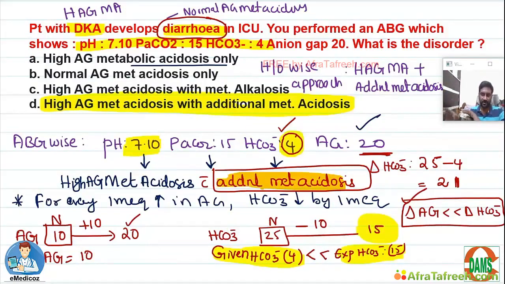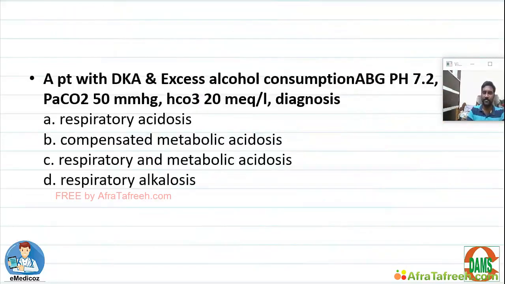Instead of writing down those delta anion gap, delta bicarbonate, you can just use this: for every 1 milliequivalent increase in anion gap, bicarbonate decreases by 1 milliequivalent. You can just calculate the difference. What has happened to anion gap? What has happened to bicarbonate? You can see the relationship between given and expected. So this is very easy to solve mixed metabolic disorders.